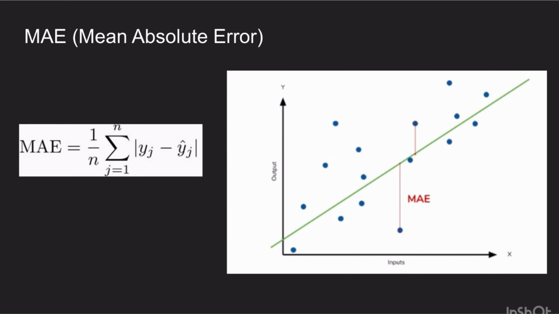The absolute difference between these are the error values, which is the absolute error. For all the samples across our data set, it calculates the mean of those. So that is called mean absolute error. First it calculates the absolute difference for each and every sample, and then it takes the average of those. So this is the mean absolute error.